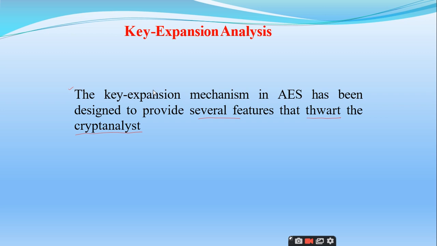The other words like W5, W6 and W7 can be calculated with the recently generated word, whereas W4 is given by W0 XOR G of W3, where G stands for rot word, then substitute, then round constant. You should remember what this round constant is. For each and every round we have different words of constants, and you need to apply the round constant as the last step of the word generation, right?